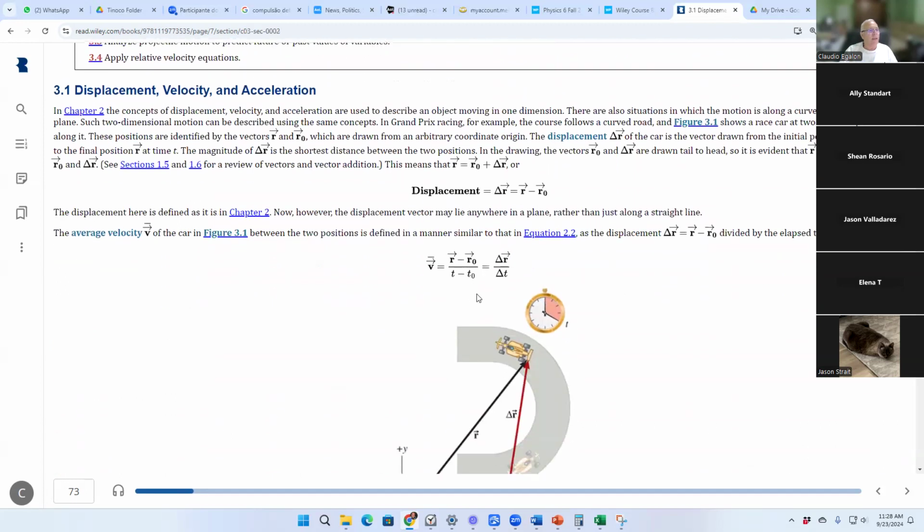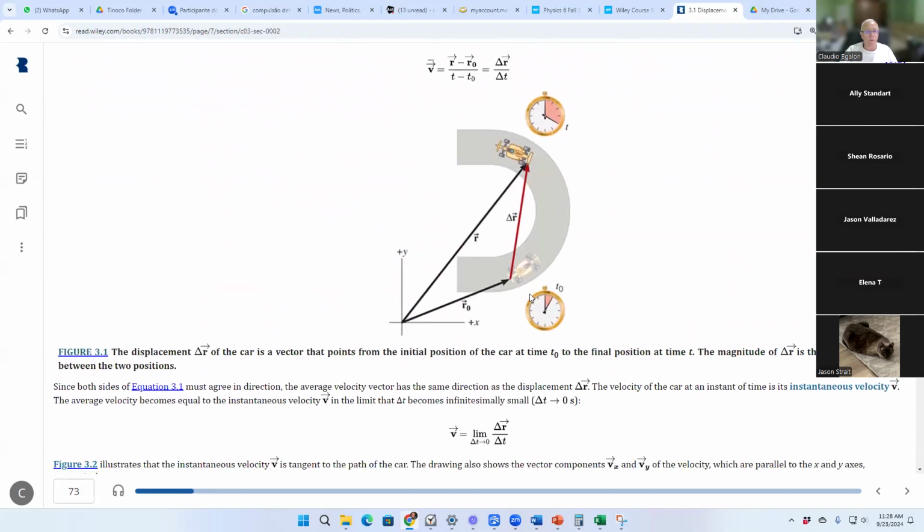And here you go, the displacement vector, final position minus initial position, right?